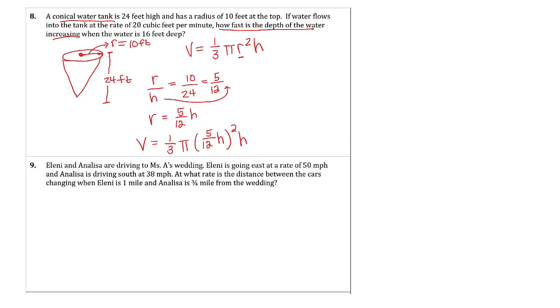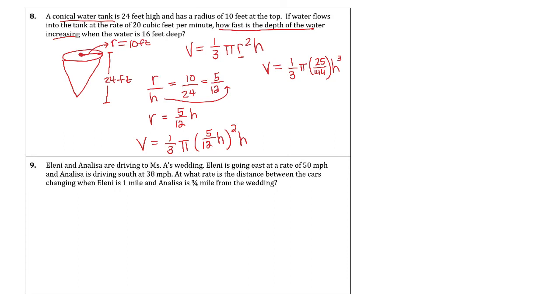Now I know we're doing a lot of math here, but it's going to save us some steps whenever we do our derivative. So we are going to have the volume equals 1/3 pi. 5 squared is 25, so we're going to have 25 over 144, and then H to the third.